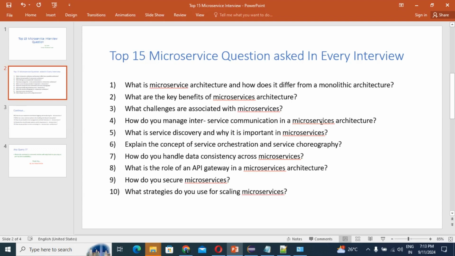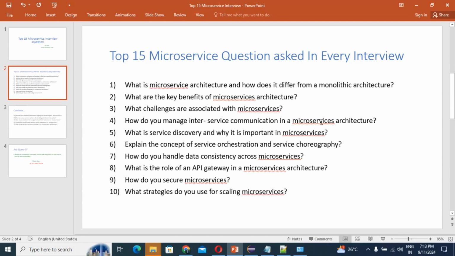In synchronous communication you can use REST API, that is REST client, RestTemplate, Feign client. That is the synchronous communication strategy. But if you want asynchronous communication, you need to use RabbitMQ, JMS, Kafka.